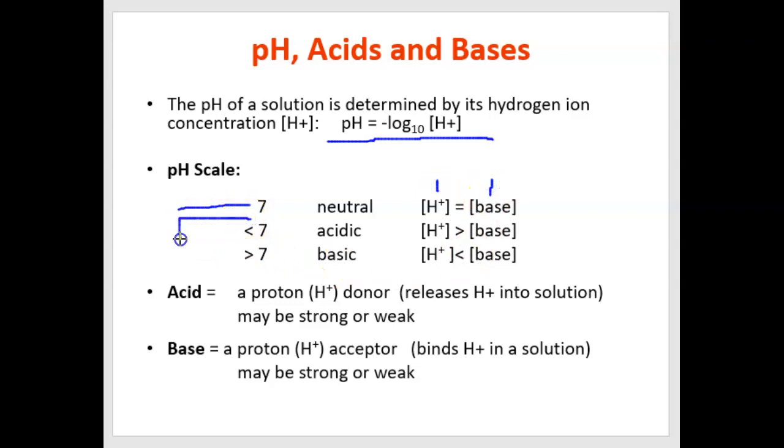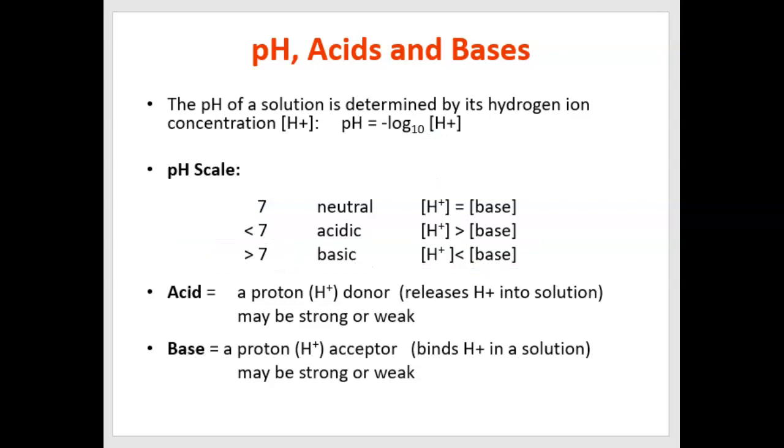A pH below 7 is considered more acidic, and that is there are more hydrogen ions or acids around than base. And a pH above 7 is more basic, because there are fewer hydrogen ions or less acid around than there is base.